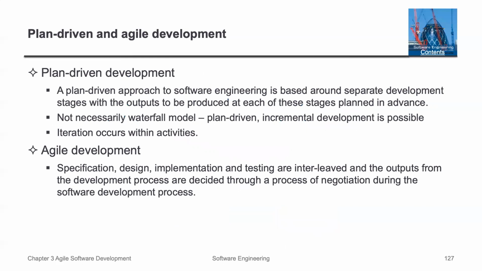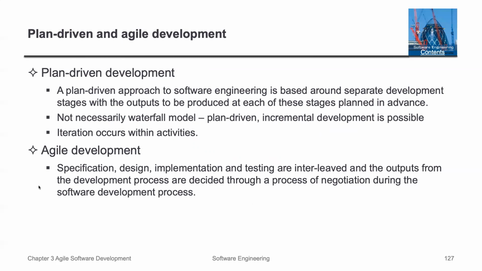So how do we compare these two? A plan-driven approach to software engineering is based around separate development stages, with the output to be produced at each of these stages planned in advance. It's not necessarily a waterfall model. Plan-driven and incremental development is possible, and iterations occur within the activity.